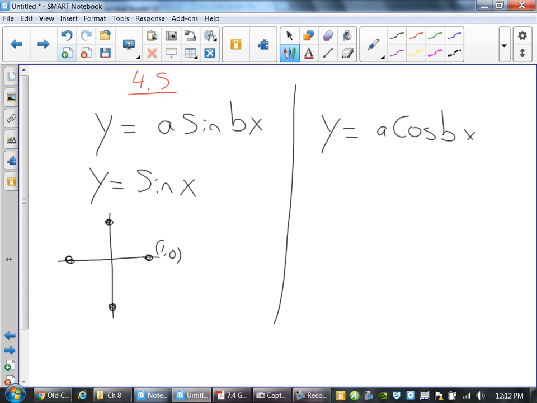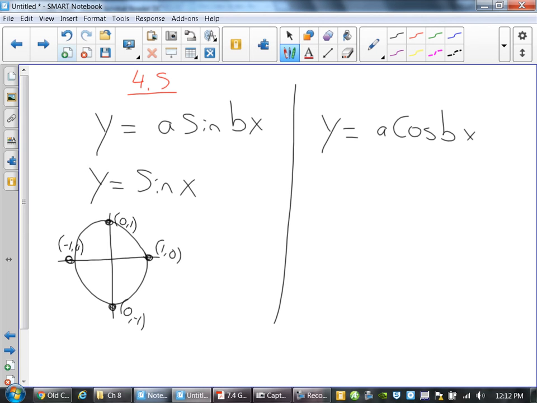At pi over 2, it was 0, 1. At pi, -1 and 0, and then at 3 pi over 2, you're back at 0, -1, then you wound up back at 0. So going all the way around the circle was 1 period. 1 full revolution is the period. It takes it to go full circle.